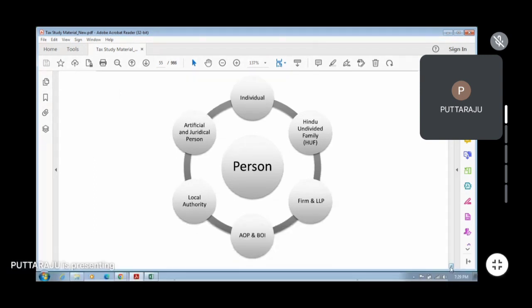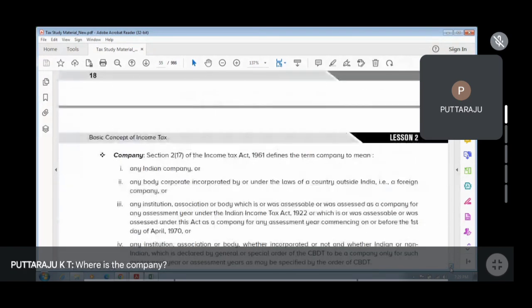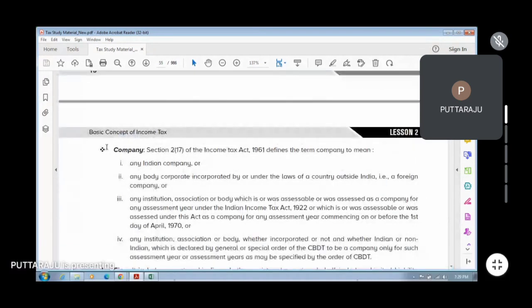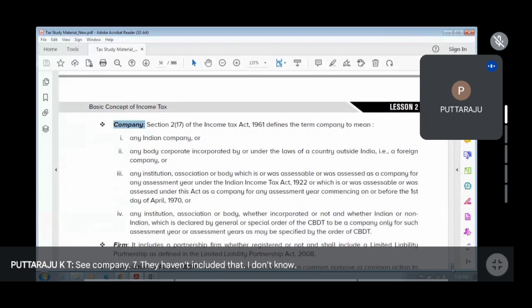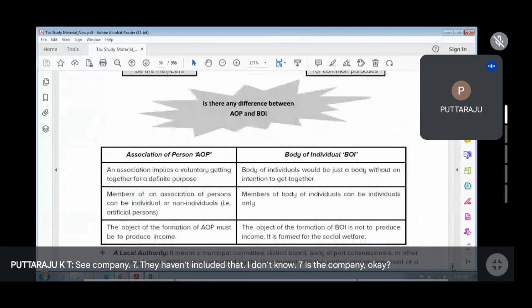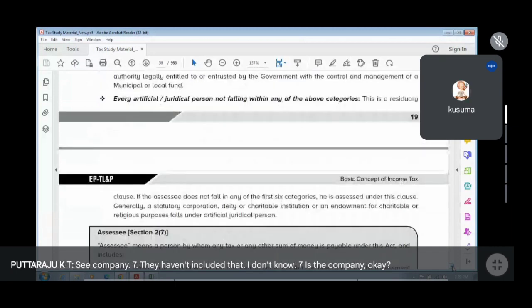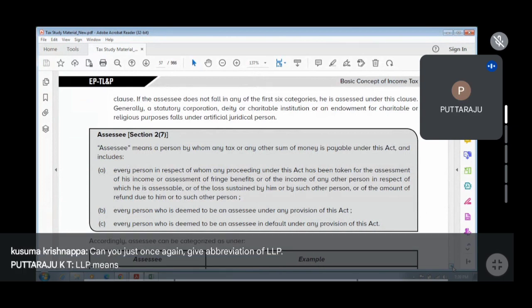See, company is 7. They haven't included it there, I don't know. 7 is the company. Okay. Sir, can you once again give the abbreviation of LLP? LLP means Limited Liability Partnership.